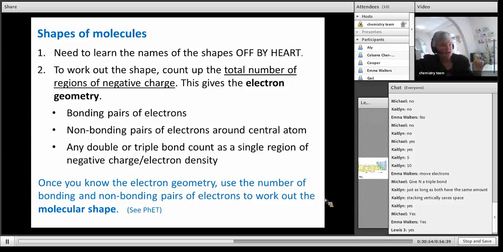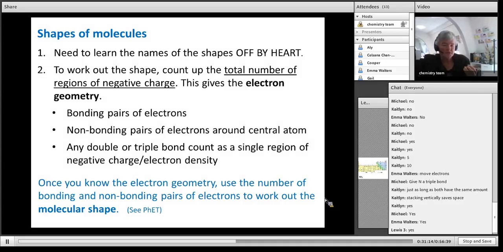When I say the number of regions of negative charge, a single bonding pair of electrons is one region of negative charge. A lone pair, the non-bonding electrons like the ones around the fluorine, is also a region of negative charge for each pair.